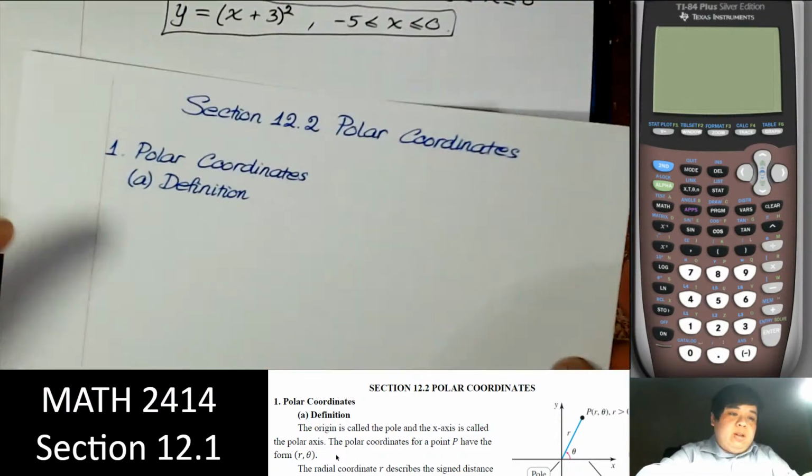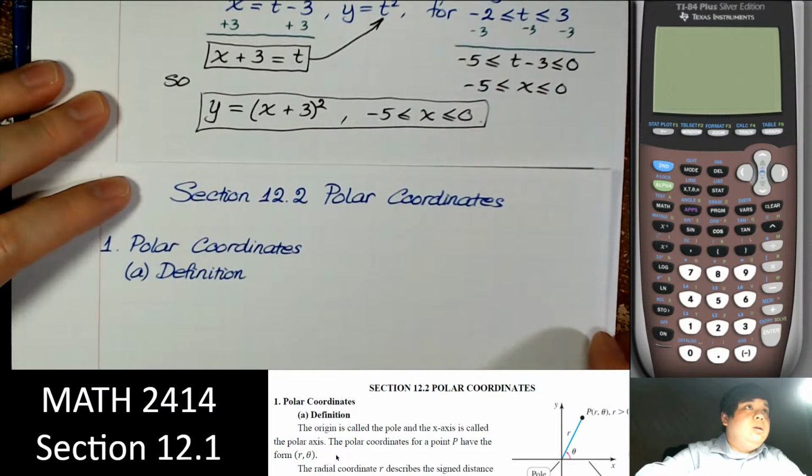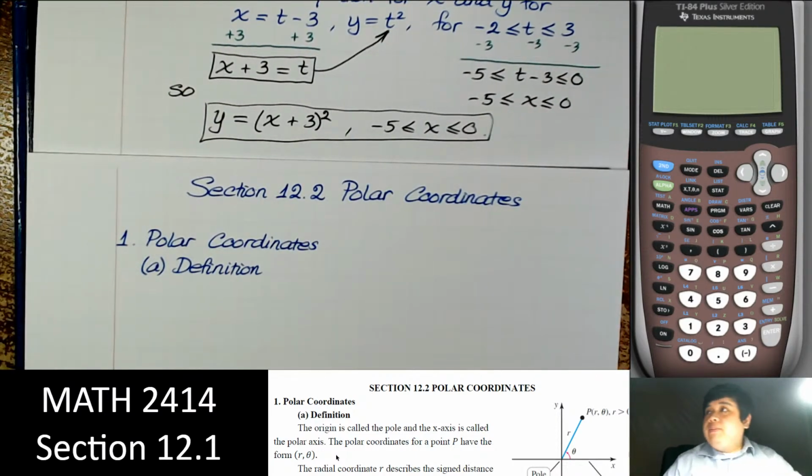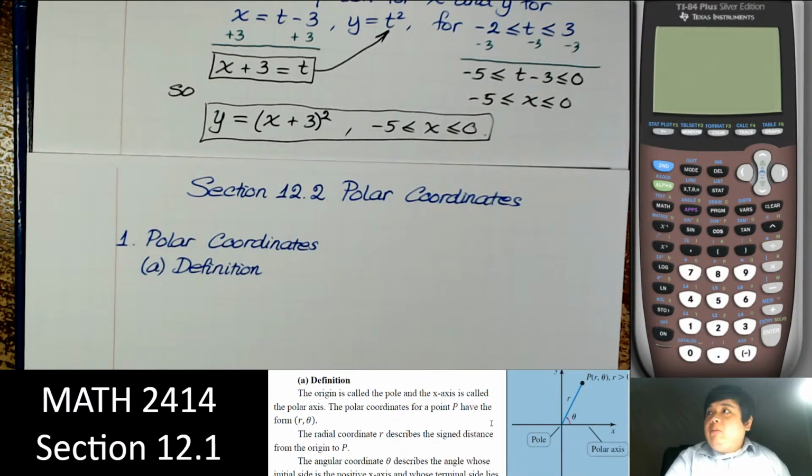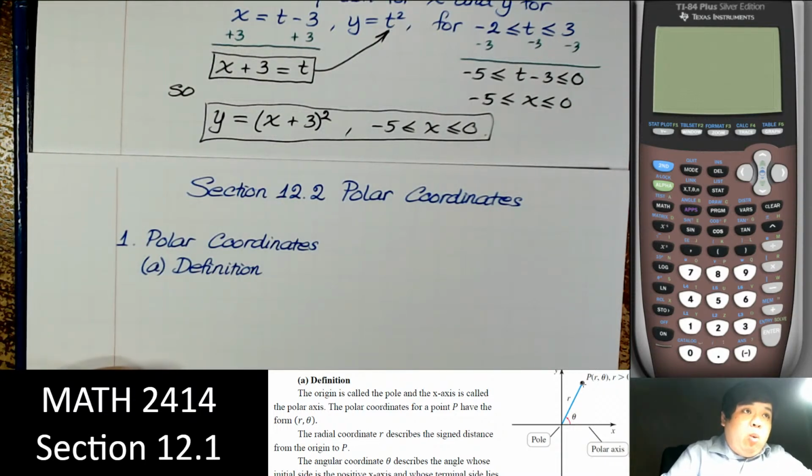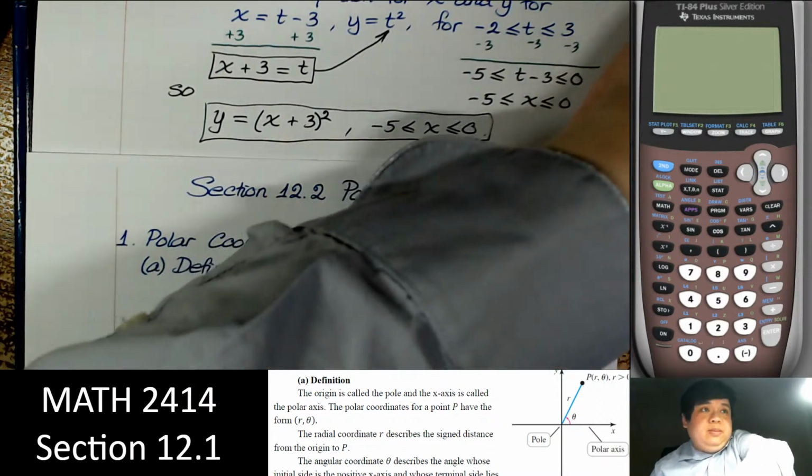Like that, this is in precalc. So instead of writing the point x and y in rectangular coordinates, what we use instead is an initial ray, and then the angle. So we use r and theta instead of x and y.